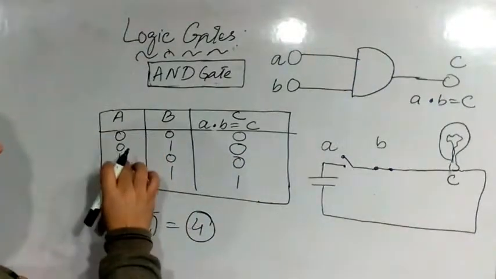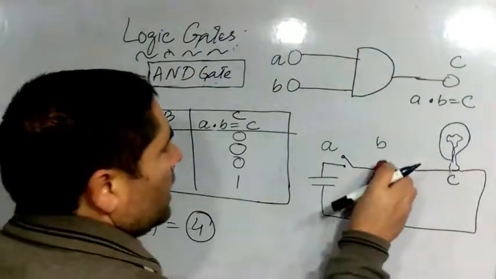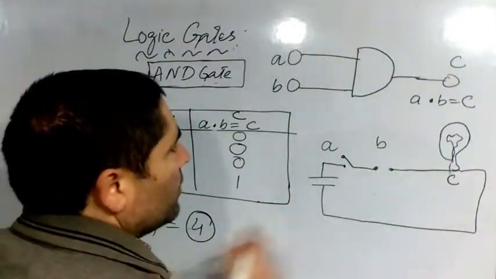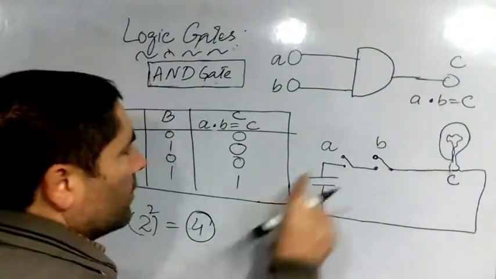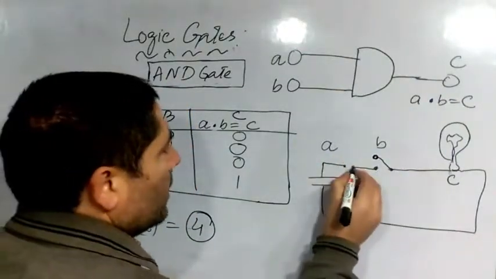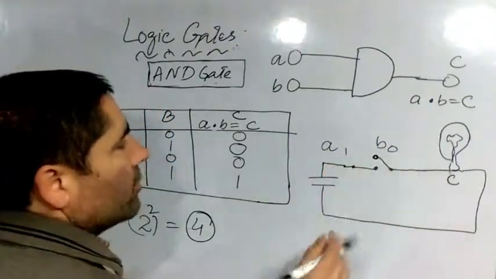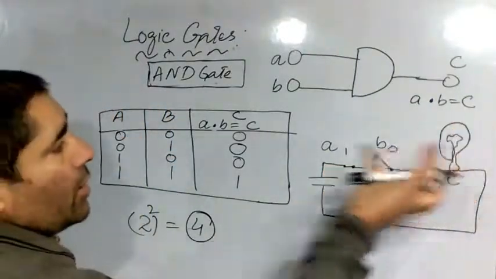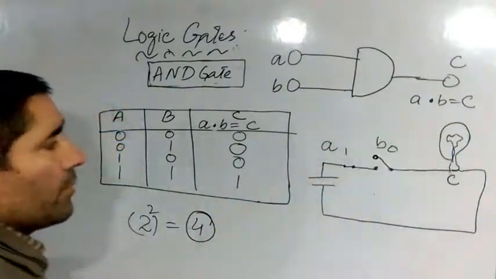Now A is 1, B is 0. If A is 1, B is 0, it means like this. The bulb will not glow because the switch is open. This is 0.